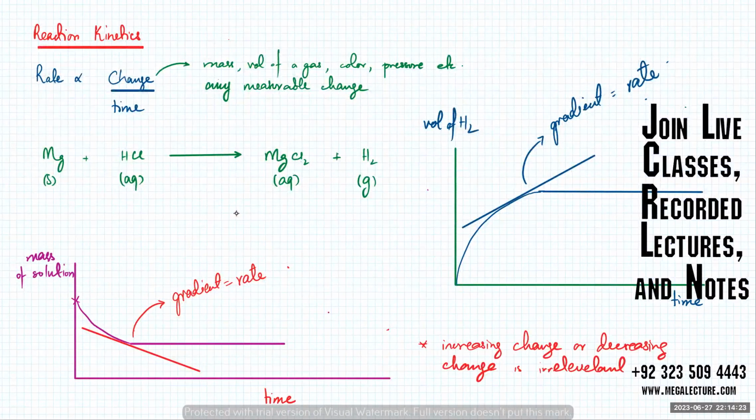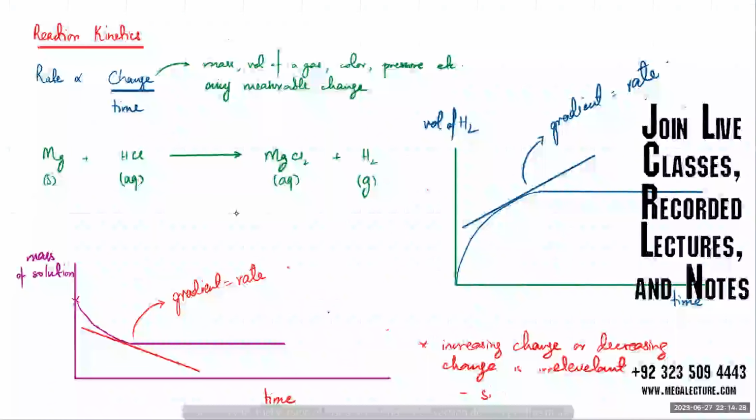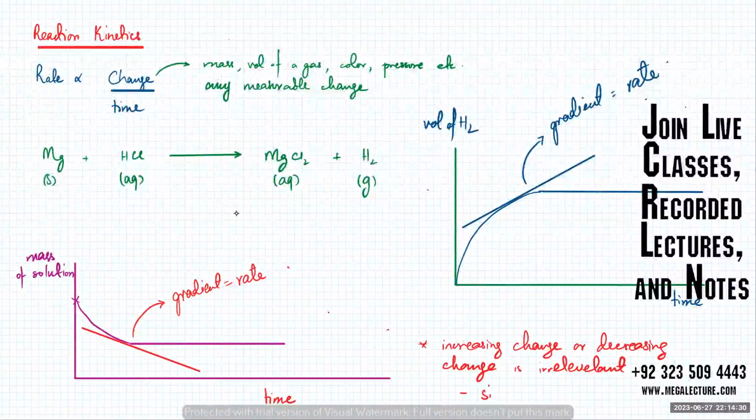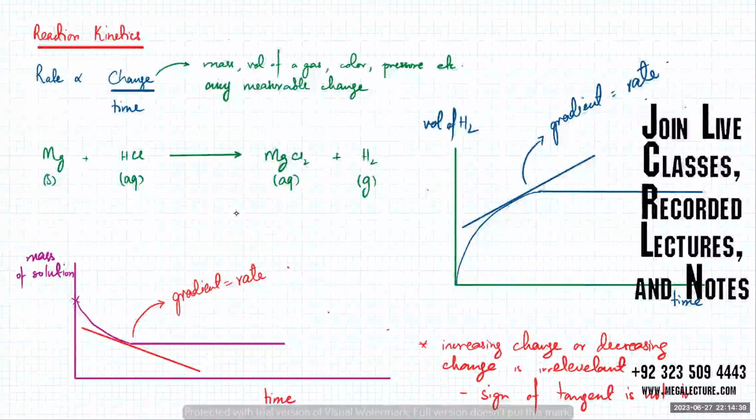Basically that means that the sign of the gradient or tangent is irrelevant. The value of the tangent is what's important.